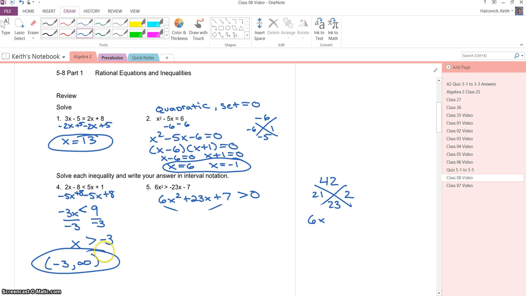And remember, you'd go 6x plus 21 and 6x plus 2. Divide by the common factor, which in this case is 3. So you get 2x plus 7. And here the common factor is 2, so 3x plus 1.